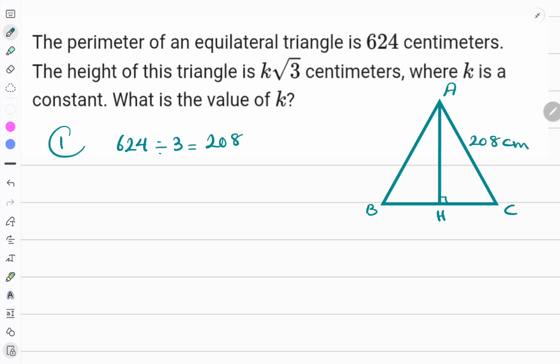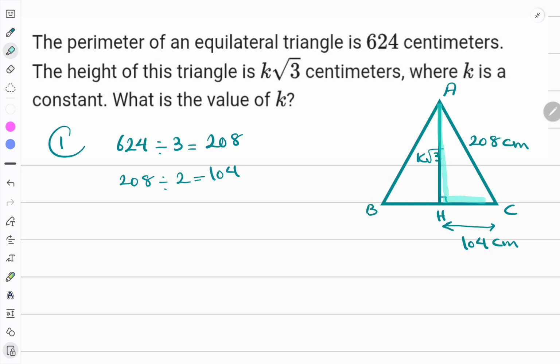And AH, which is the height of this triangle, is k square root of 3. And how about HC? AH in an equilateral triangle is the bisector of BC. So in order to find HC, we just need to divide 208 by 2. So HC is 104 centimeters.